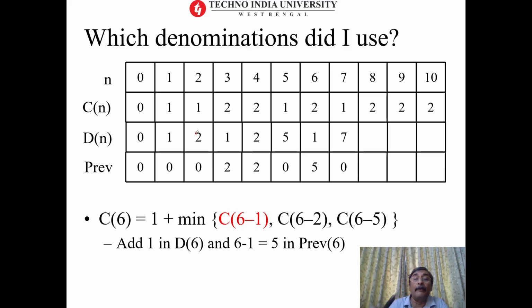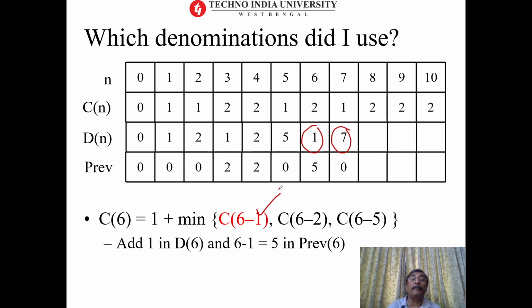Yeah, I can have some more. For example, I have C7. How do I find out C7? C7 is easy because C7 is 1 from the very beginning. So let's say I want C6. Here 1 plus C of 6 minus 1, 6 minus 2 and 6 minus 5. Who wins? The 6 minus 1 wins.